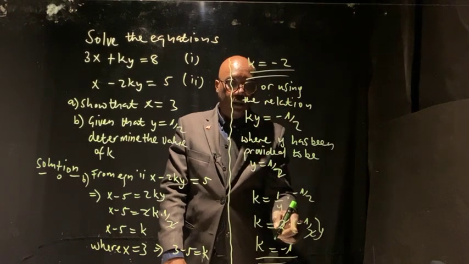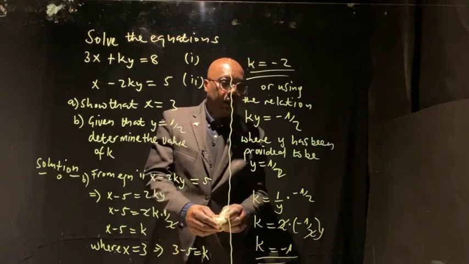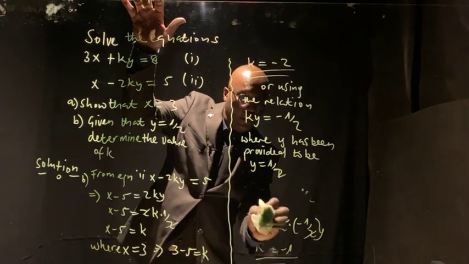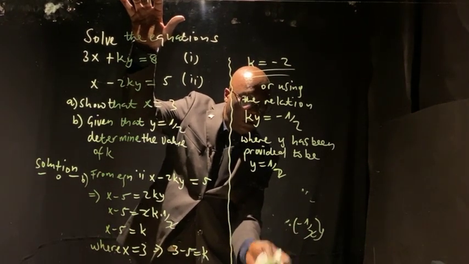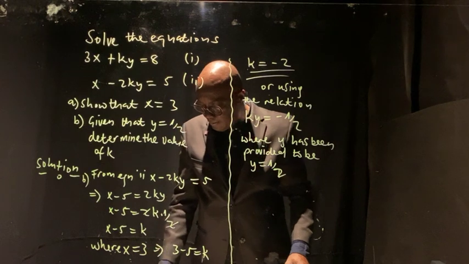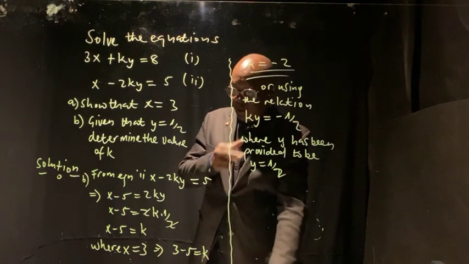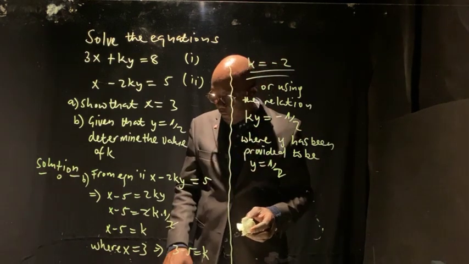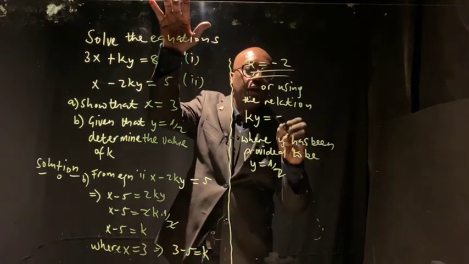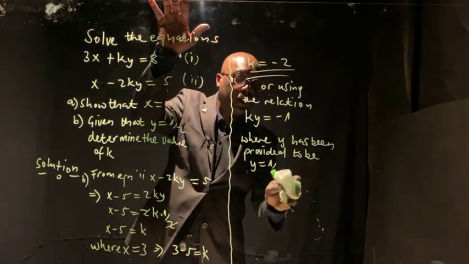Wait a bit. Earlier we had ky equal to minus 1 rather. And we are provided with y equals half.